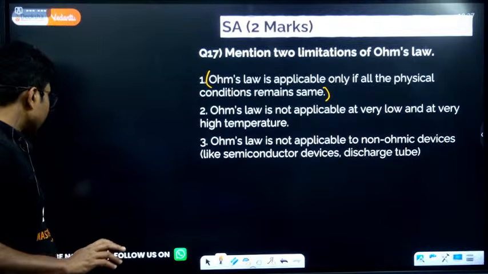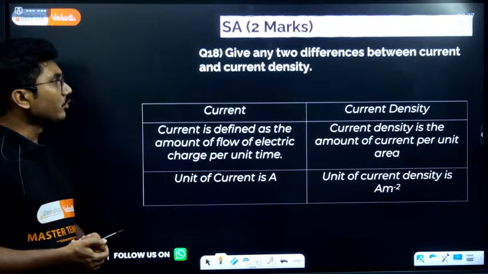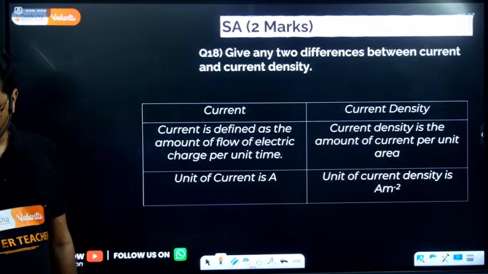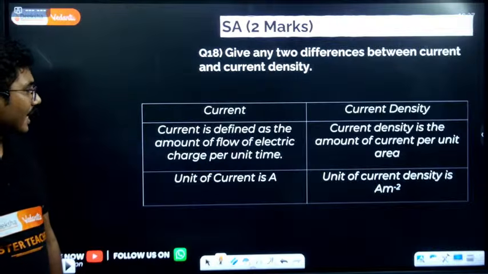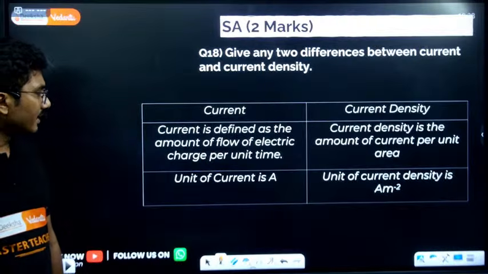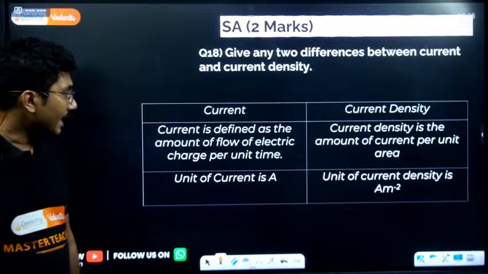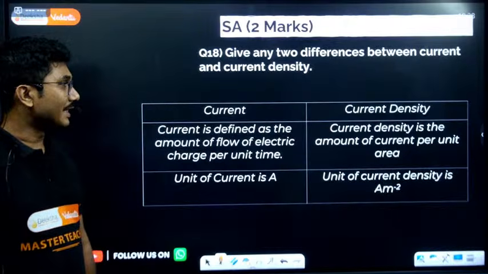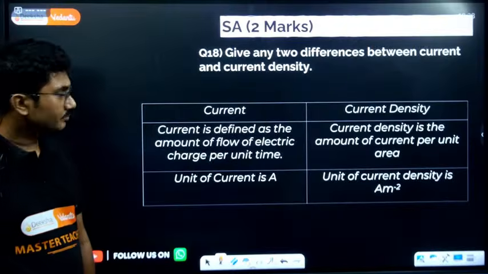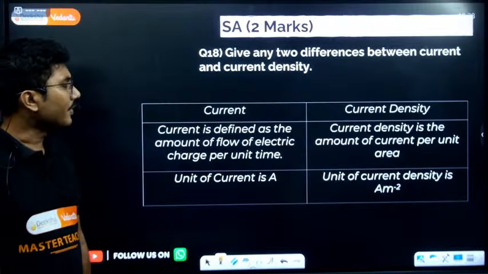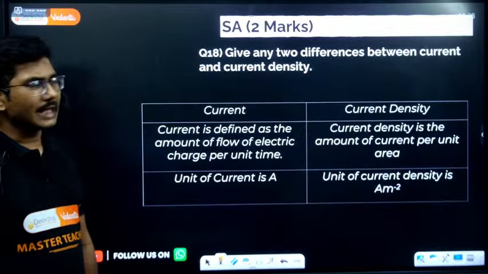Okay. Next question. Give any two differences between current and current density. Current is defined as the amount of flow of electric charge per unit time. Current density, on the other hand, is the amount of current per unit area. Unit of current is ampere, unit of current density is ampere per meter square.